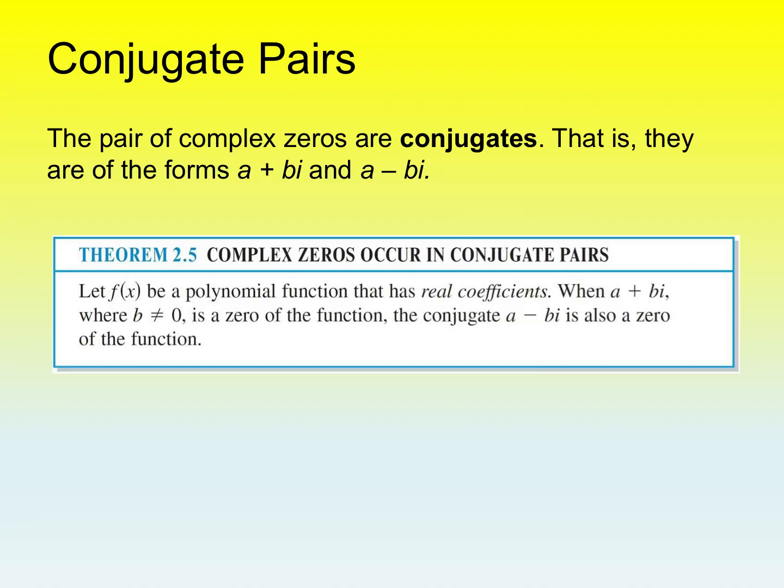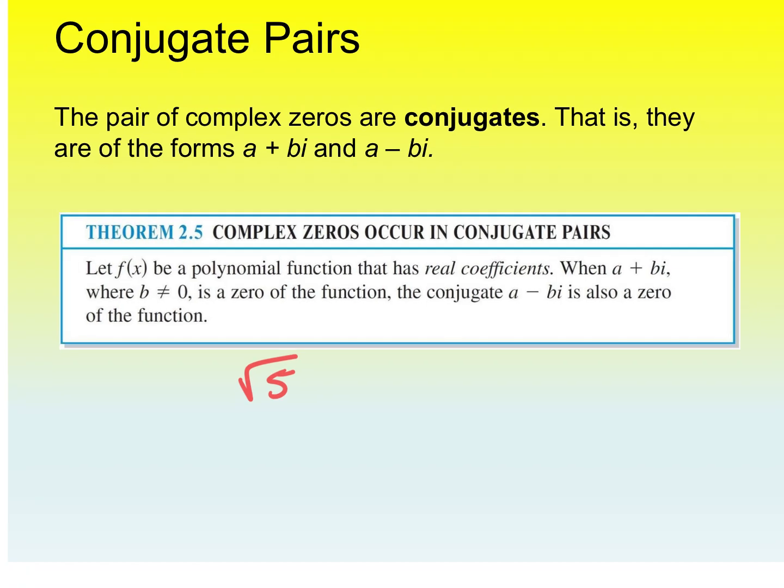Complex zeros occur in conjugate pairs. We talked about this a little bit in one of the earlier sections in chapter 2. Square roots and i's are complex. If I had something like square root 5 as one of my zeros, its conjugate pair would also be a zero.